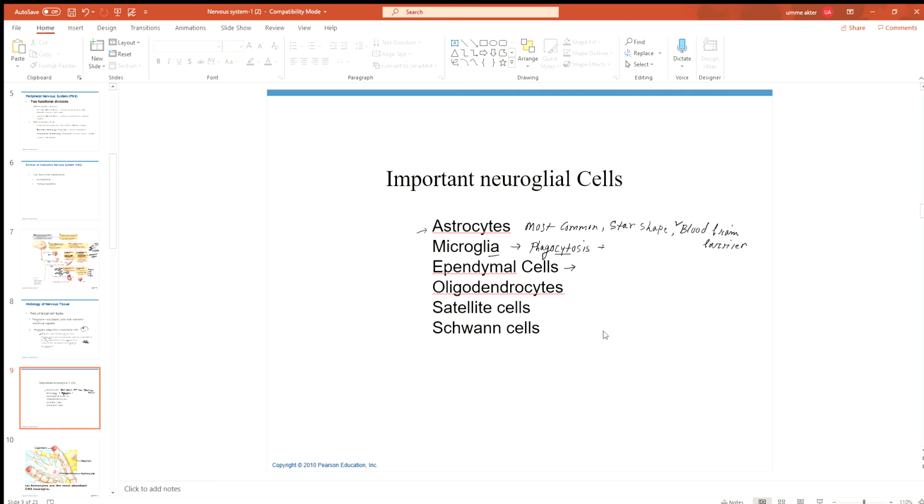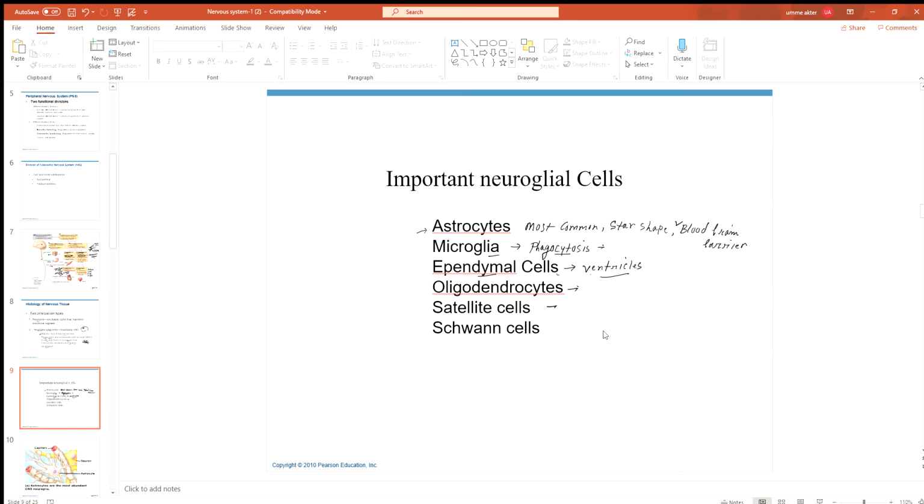Ependymal cells are present inside the ventricles. Inside the brain, you have fluid-filled cavities. Those are called ventricles. And in the wall of the ventricles, you have the ependymal cells. We'll talk about that. So the ventricular walls are lined by ependymal cells.